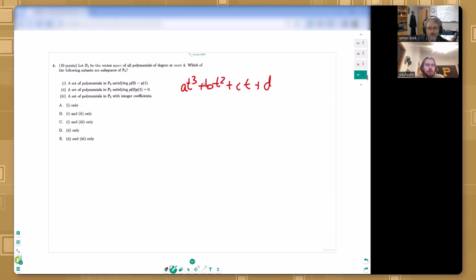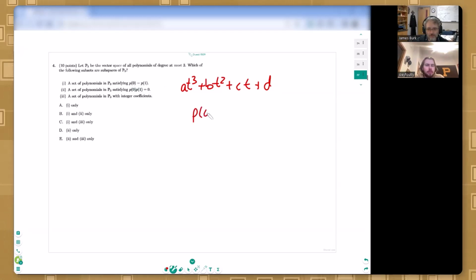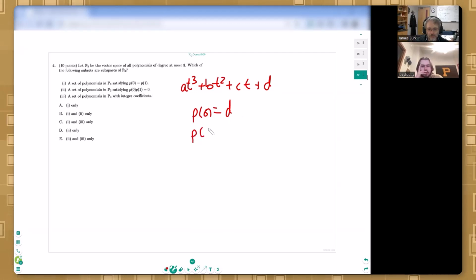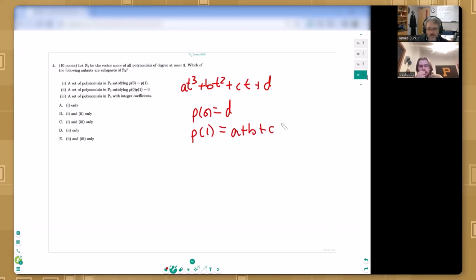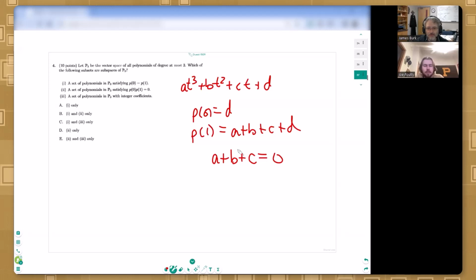Now, if you were to plug in 0, you're going to get D. And if you were to plug in 1, you're going to get A plus B plus C plus D. These two conditions have to be the same. So that's going to force us to be 0 in the end. Okay, so this condition implies that condition.